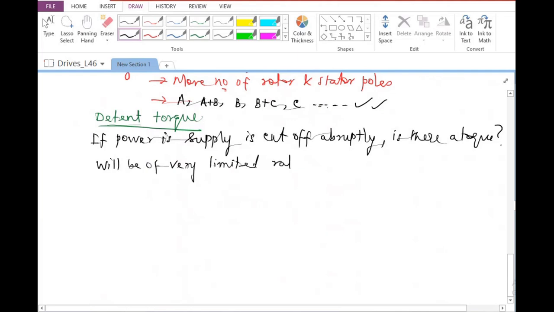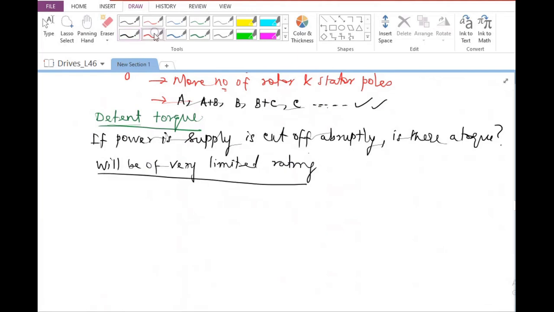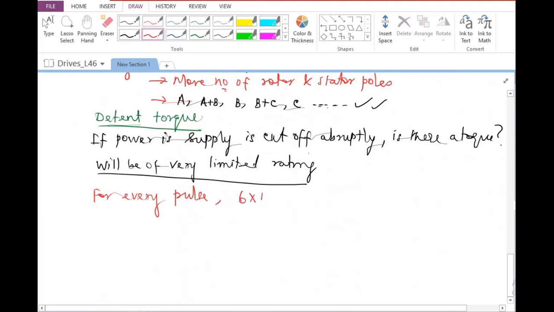One major advantage of the stepper motor is that we know for every pulse, in this 6 by 4 variable reluctance stepper motor, where stator poles are 6 and rotor poles are 4, it will always move by only 30 degrees.